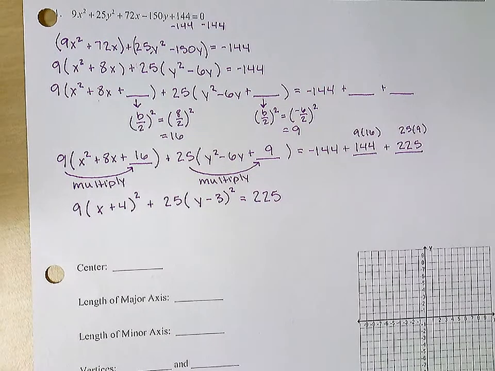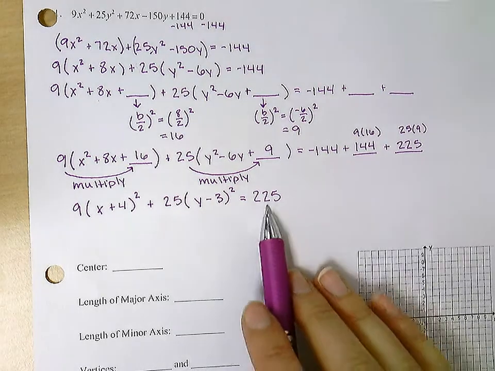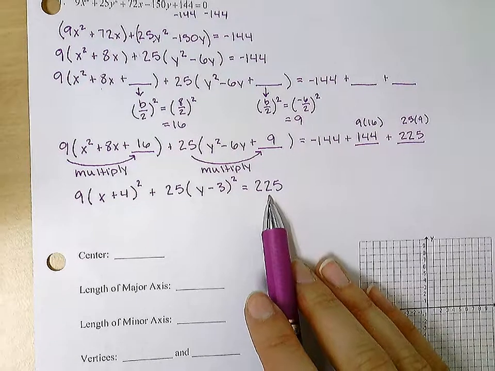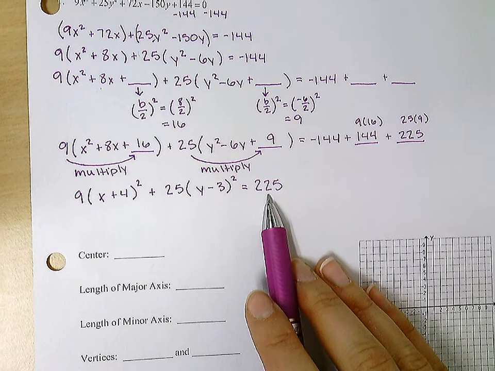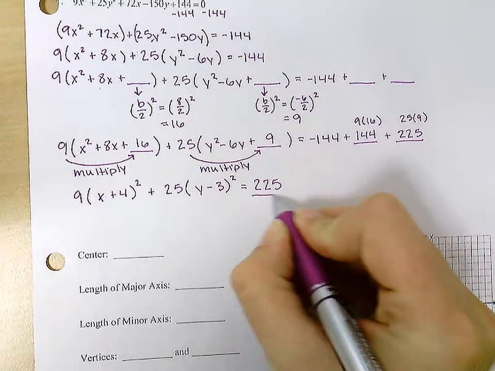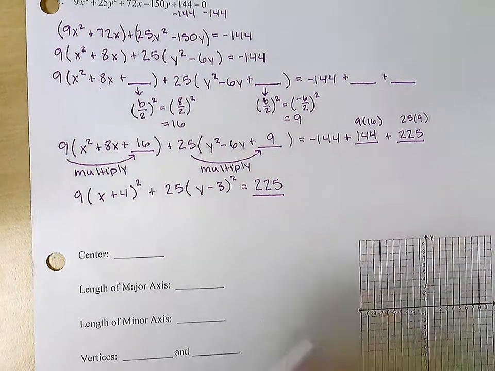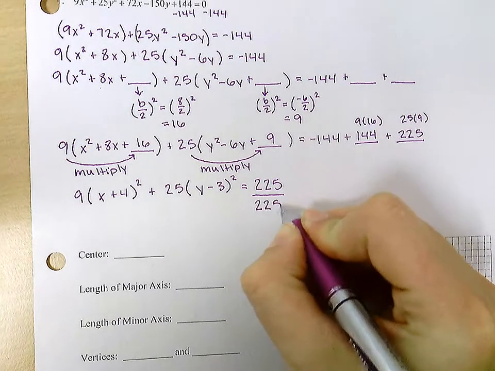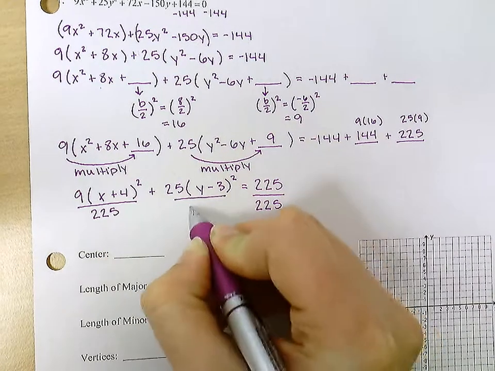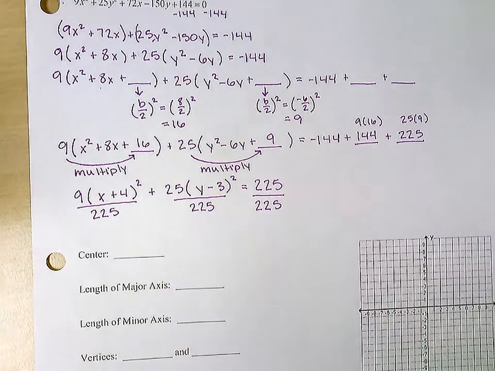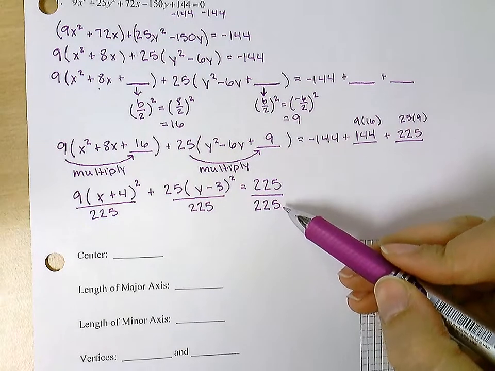Now remember, an equation of an ellipse is always equal to 1. So we have to make this equation equal to 1. So what could I do here to make this a 1? I'm going to divide by 225.